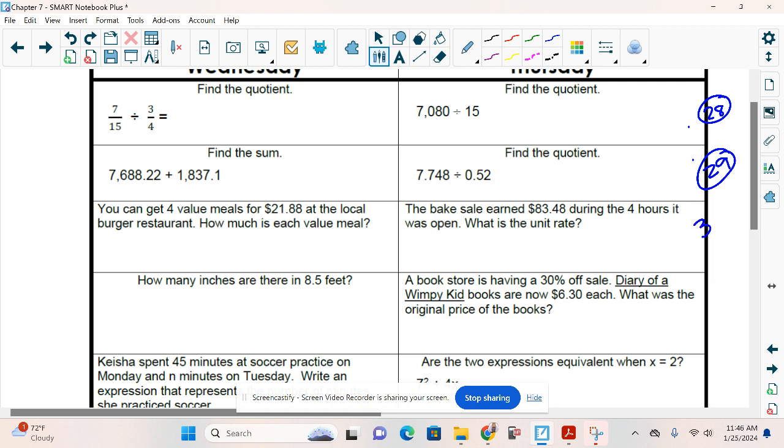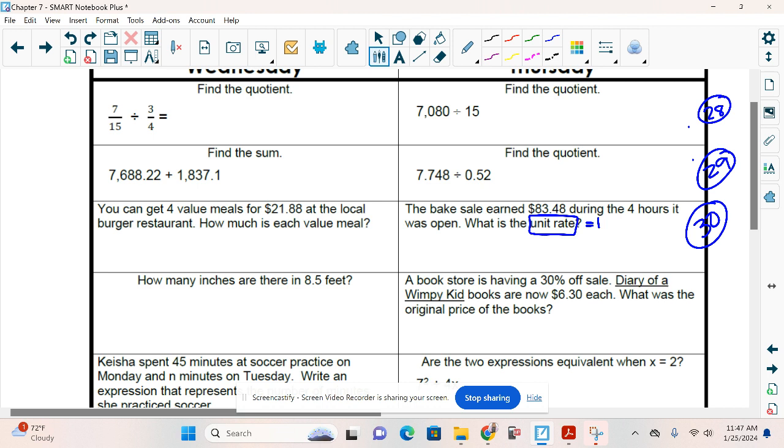So looking at number 30, it says the bake sale earned $83.48 during the 4 hours it was open. What is the unit rate? Unit rate means 1. So if it makes $83.48 in 4 hours, we want to know if it was split evenly among the hours, how much did they make in 1 hour?